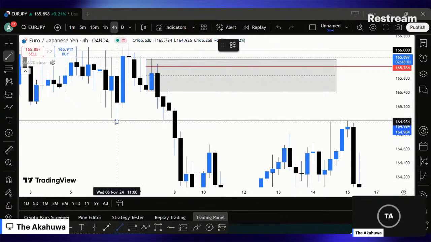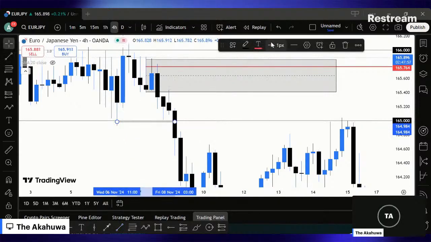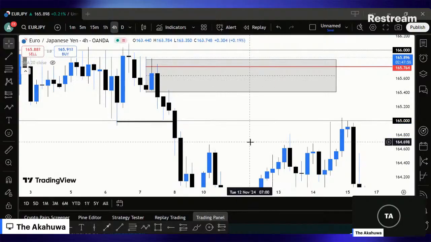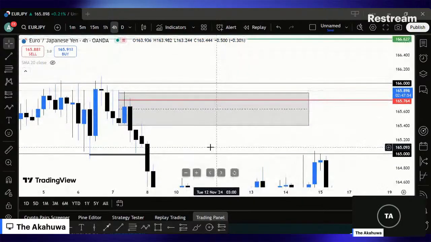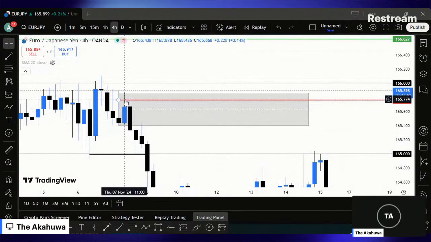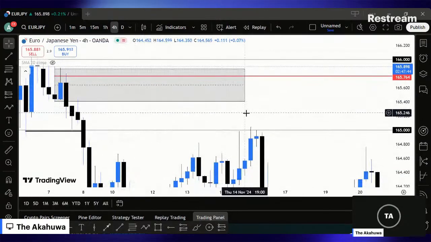This as a break of structure to the downside. Let me tick it. Structure break to the downside, and I'm considering this as the 4 hours OB.